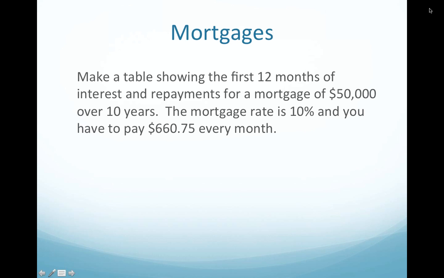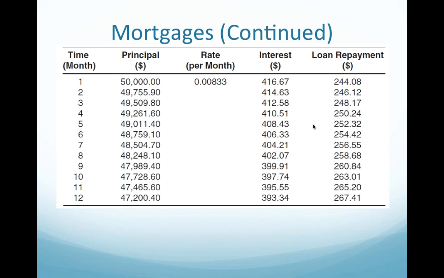Okay, so here we're going to make a table showing the first 12 months of interest and repayment for a mortgage of $50,000 over 10 years. The mortgage rate is 10%, and you have to pay $660.75 every month. To figure out our monthly rate, we'll take 10% divided by 12.